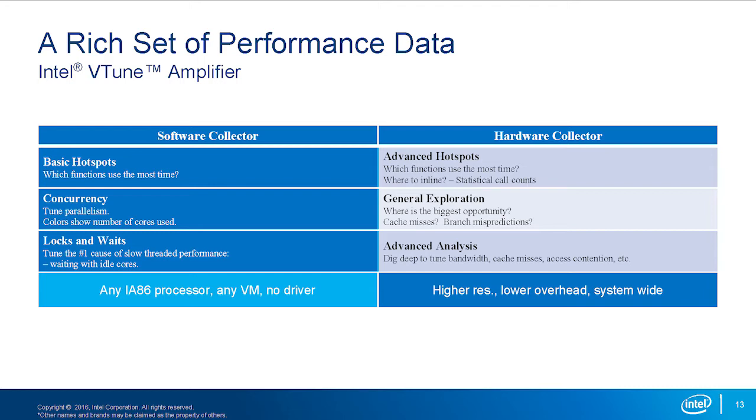There also is a general exploration mode where you can do analysis into additional architectural issues, such as cache misses and branch mispredictions. And then there are deep dive analyses to analyze things like memory access analysis or storage analysis to try and tune for bandwidth and other access contention issues.